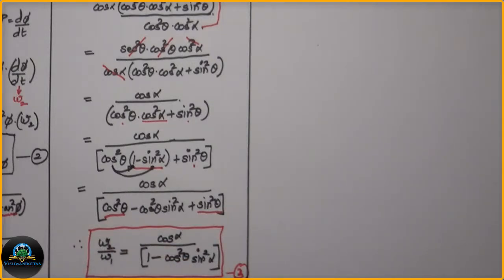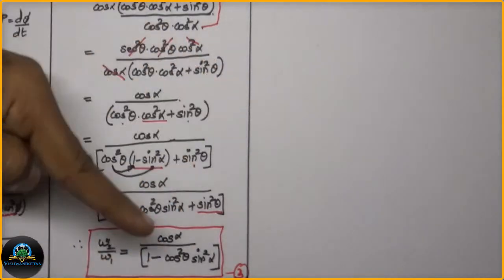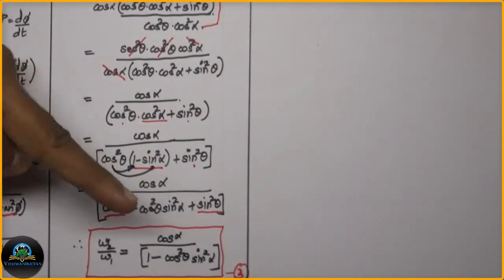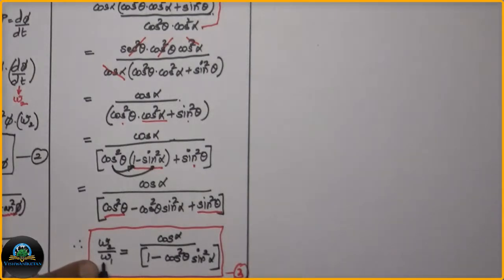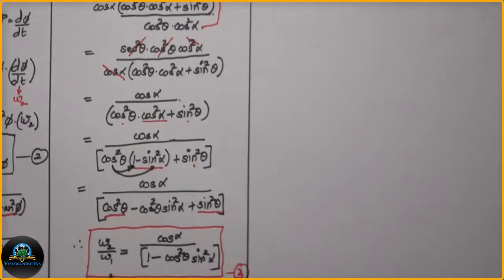Now, let me revise that in this equation, shaft angle alpha is a constant. Theta is the angle turned by the input shaft, which is from 0 to 360. So this term is continuously changing. Then angular velocity omega 1 is the speed of the input shaft, that is constant.